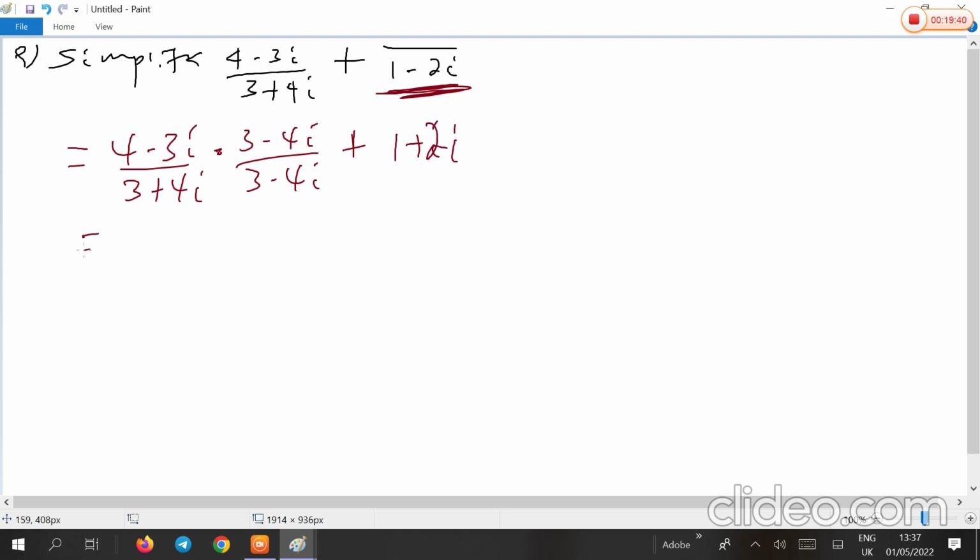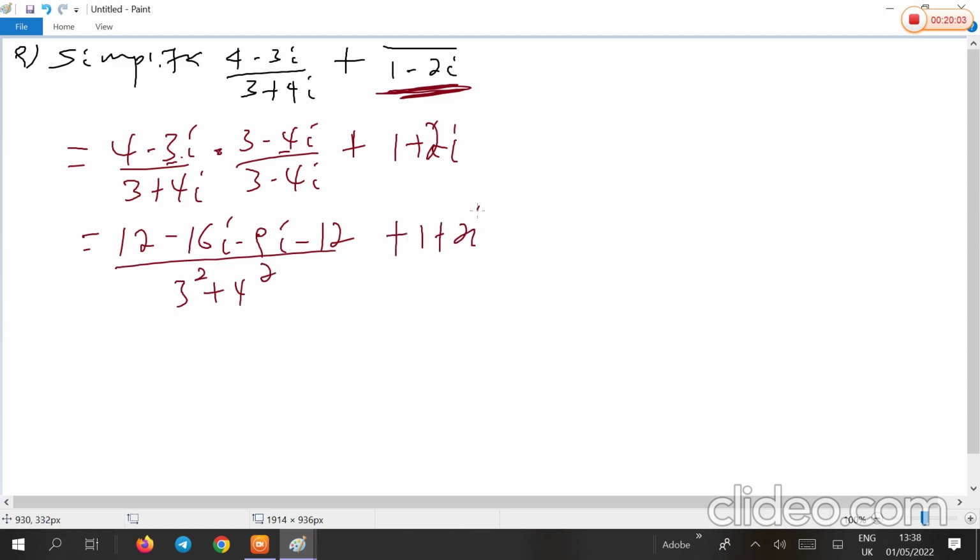So 4 times 3 is 12, 4 times minus 4i is minus 16i, minus 9i, plus 12i square, which is minus 12. Here minus 3 times minus 4 is plus 12, and then i times i is i square, which is negative, over 3 square plus 4 square, plus 1 plus 2i.